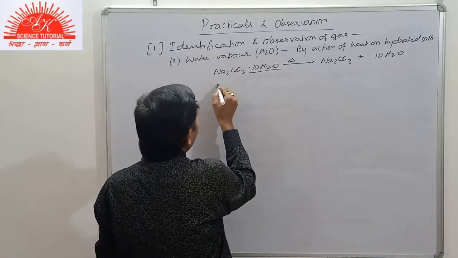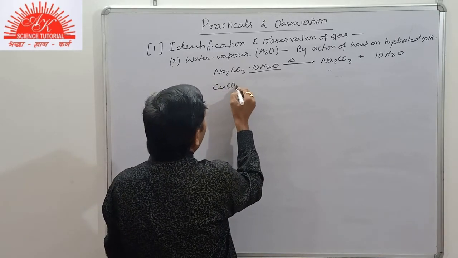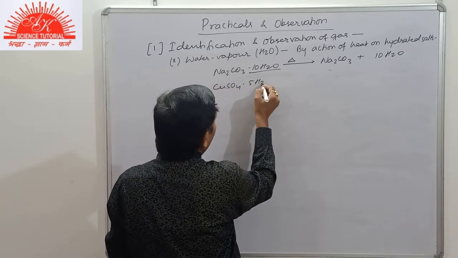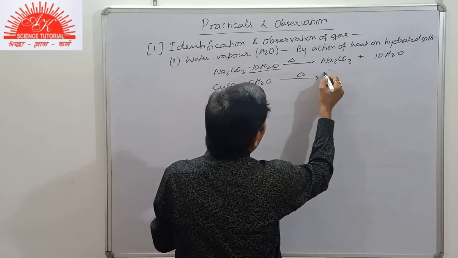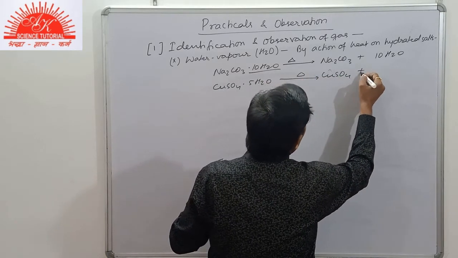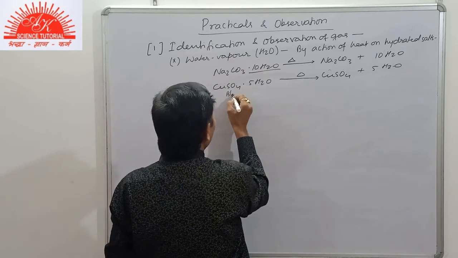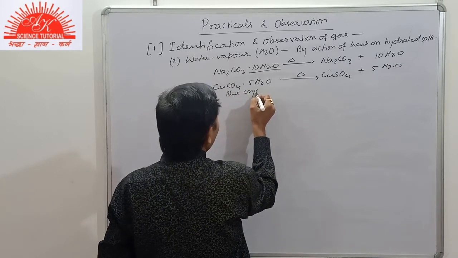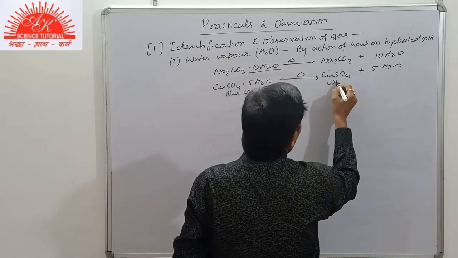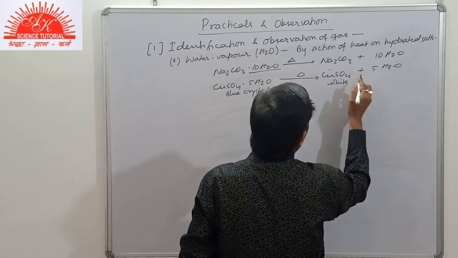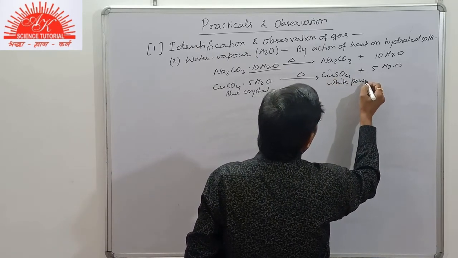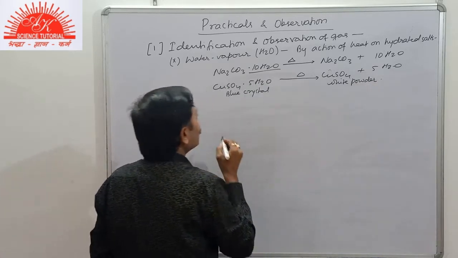Or suppose we write here CuSO4.5H2O gives CuSO4 plus 5H2O. That is, this is blue crystal and this is now white powder. White powder. So what do you see here?